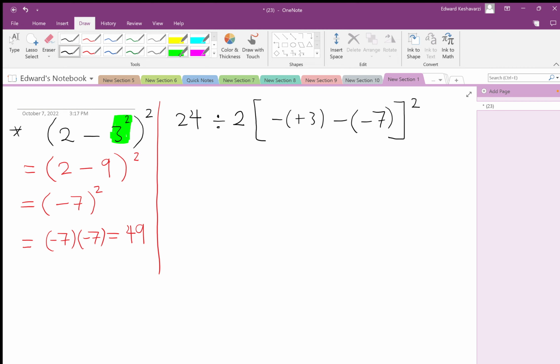So the first thing that you need to do, actually, first of all, you need to be aware that when we have nothing here, here should be times. And when we have division and times in one row, we start from left to right.